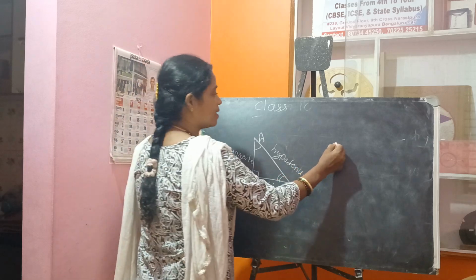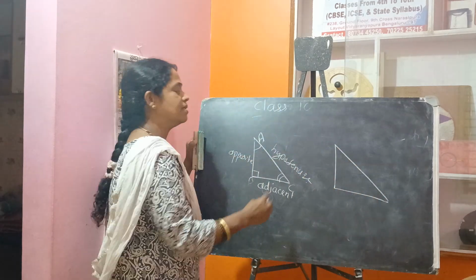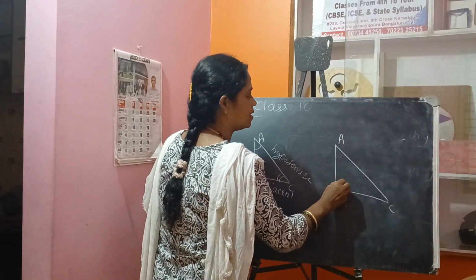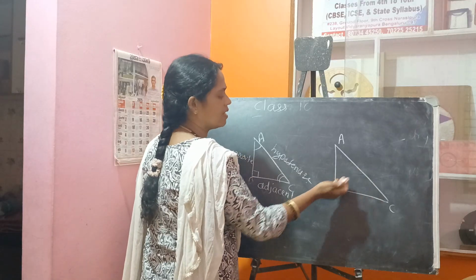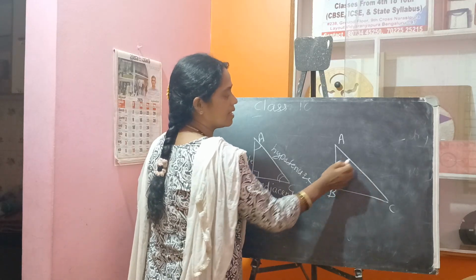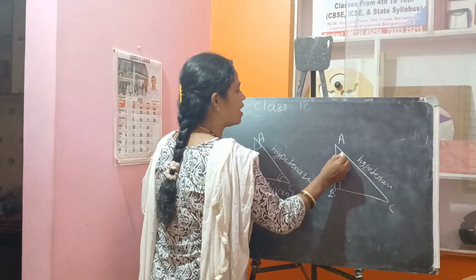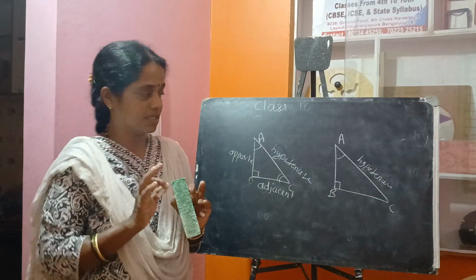Next, we can also name the sides of the triangle another way. Let it be ABC, where B is 90 degrees. AC is always the hypotenuse, since the side opposite to the right angle is always the hypotenuse. Now I am taking angle A as my acute angle.